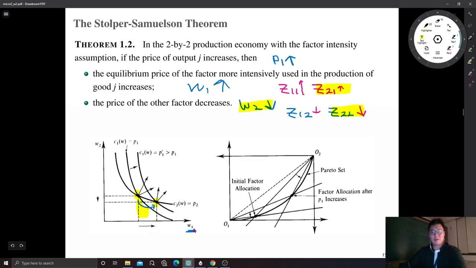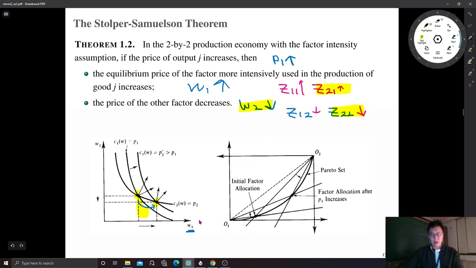So the price of input 1 increases, but the price of input 2 decreases. So that is a geometric interpretation of this theorem. So now the result of this theorem is visualized by this diagram.